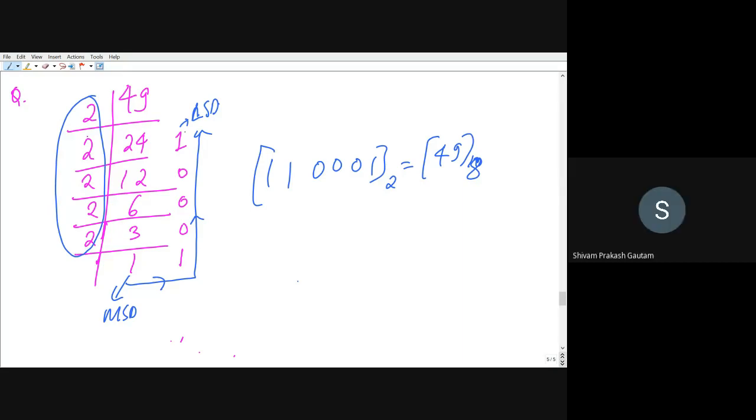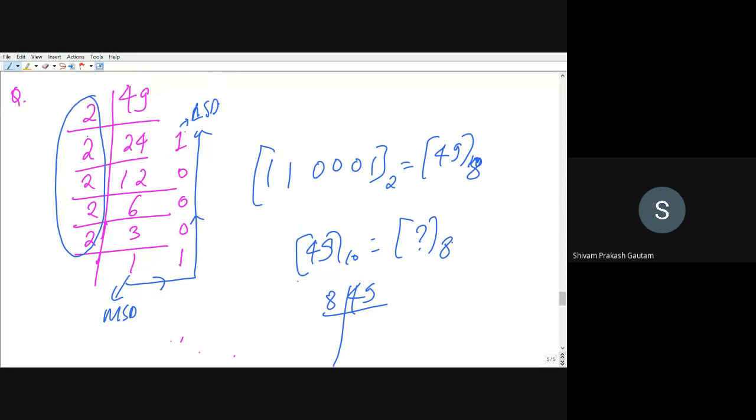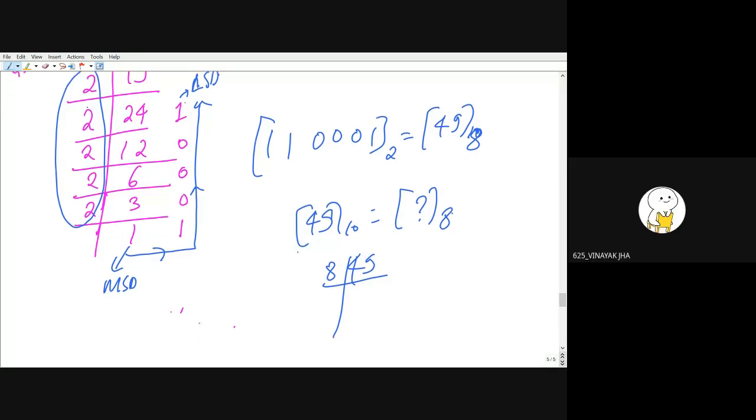Okay, sir. Suppose I say convert this 49 into a base of octal. This base is 8, so in this case, you have to divide it by 8. That will just give you an example, though we will cover it later. So 8 sixes are 48, and the remainder will be 1.